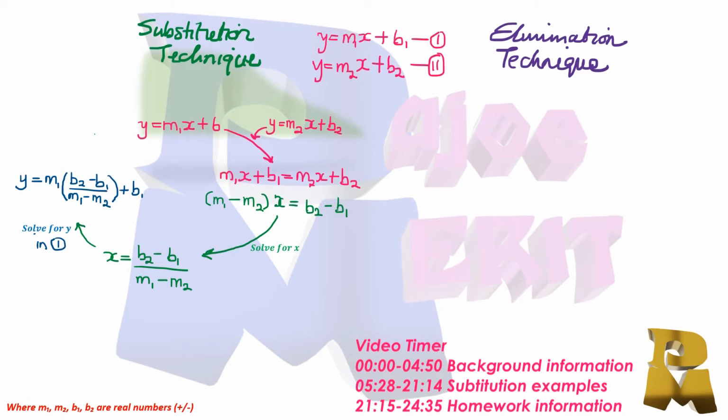And if you want to get back your original equation, all you have to do is just sub in your x, which is given in there, and you'll be able to get your original equation. So the big takeaway here is I'm able to determine what the x and the y is for that particular point of intersect.